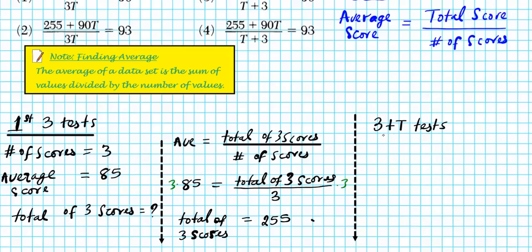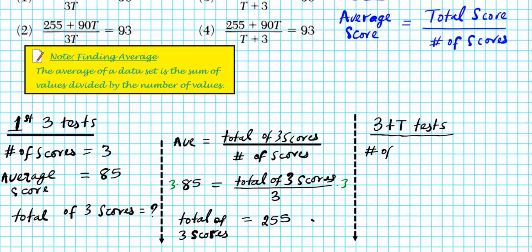What are the equations that we can generate using this information? Considering T plus 3 tests, the total number of tests in the semester, we're going to write down the known and the unknowns and see if we can set up an equation. How many scores were there?